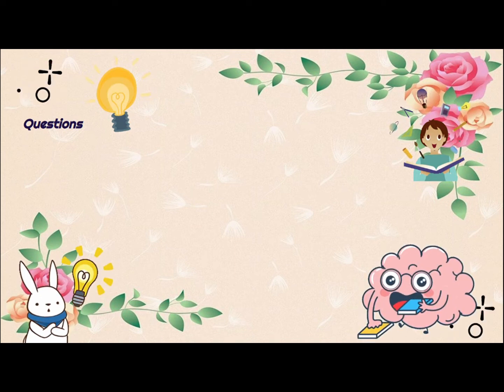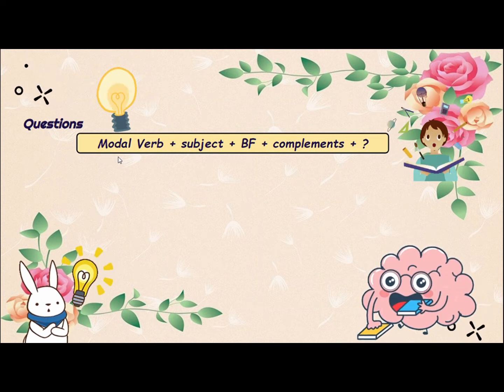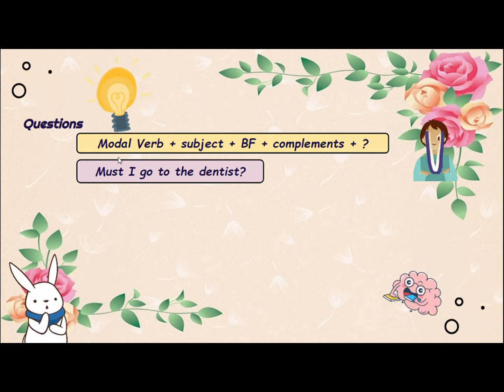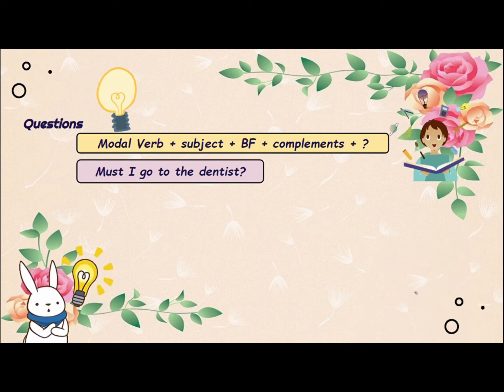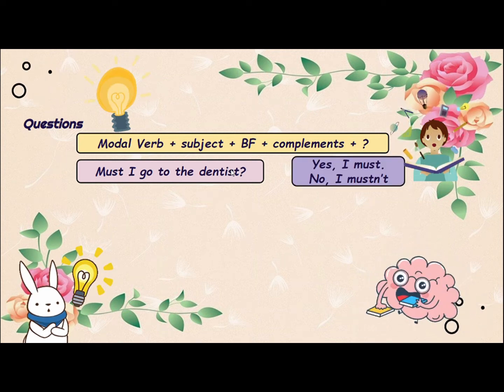Question. For yes/no questions, we use this structure: modal verb plus subject plus base form of the main verb plus complements. For example, must I go to the dentist? Yes, I must. No, I mustn't.